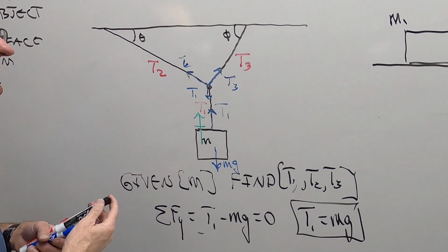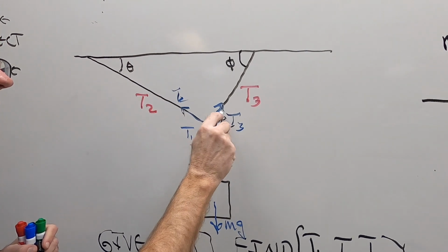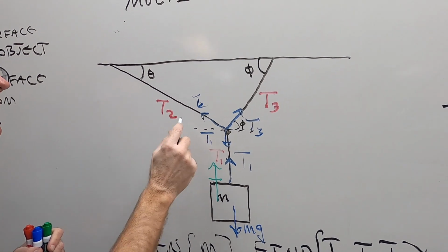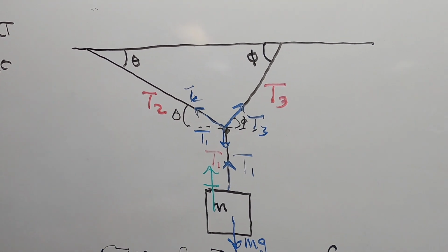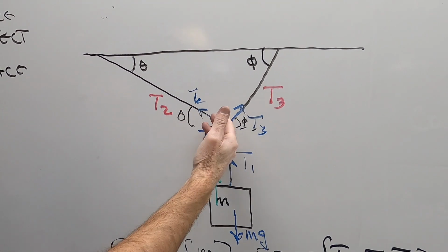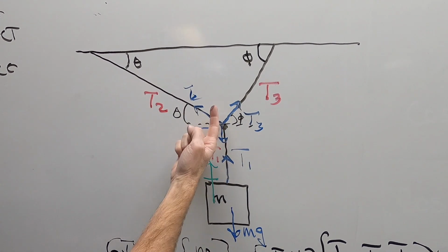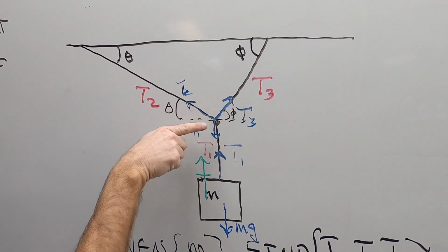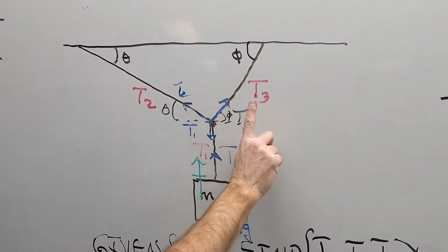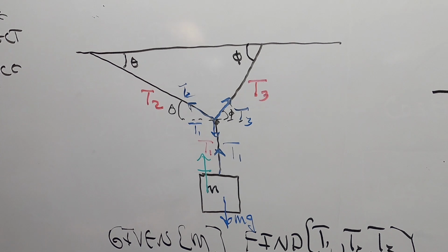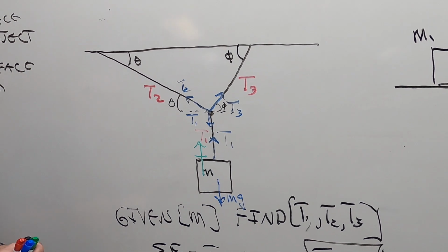Since this angle is phi, we know that that angle is phi, and since this angle is theta, we know that that angle is theta. So we can break up our T2 into its components. This would be T2 cosine theta, T2 sine theta. That's the adjacent side. That's T3 cosine phi. That would be T3 sine phi. I don't think I'll put those in because I have enough stuff on there.